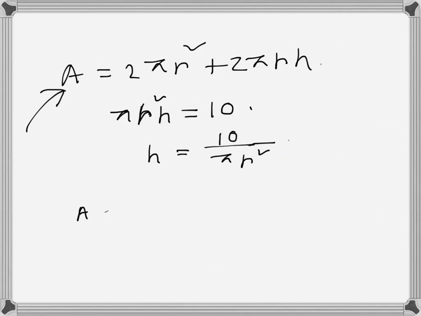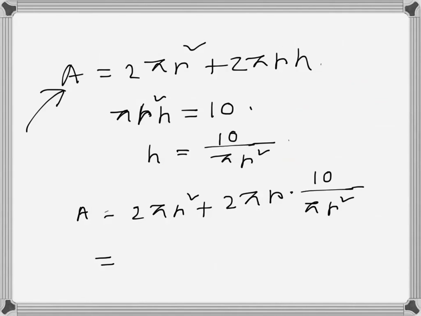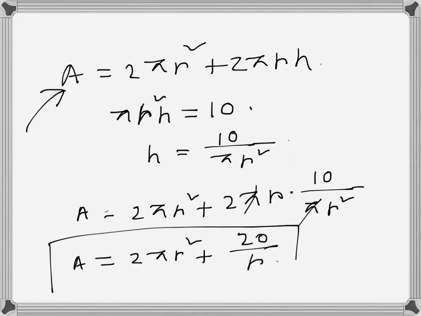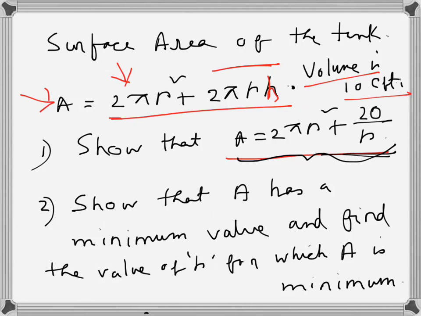So let's do that, 2 pi r square, and here 2 pi r, and instead of h we can write 10 over pi r square. So it becomes, the pi gets cancelled, 10 into 2 gets 20, and that's over r. So this is the expression that we needed to get. So we have done that.